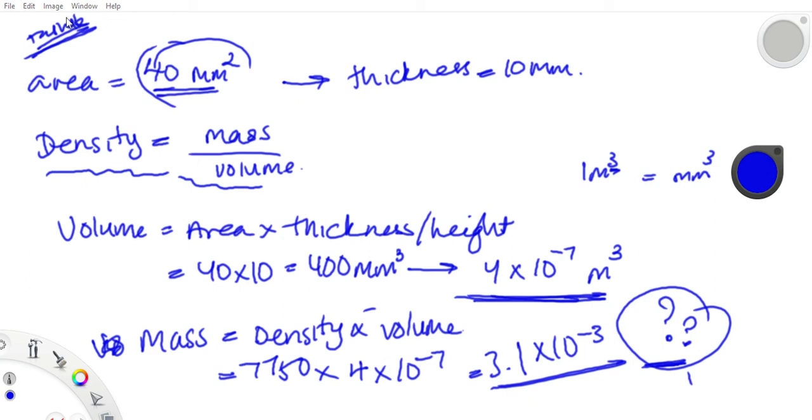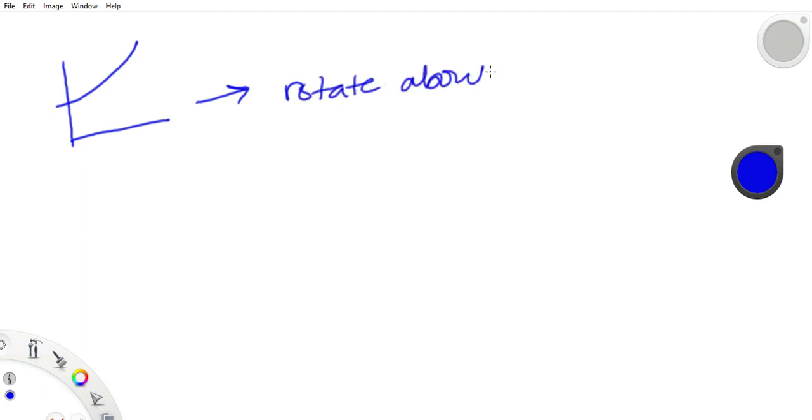Next up, if you have a diagram like this, and you're told to rotate it about its axis at 360 degrees, what you're going to have is pretty much something where each line is one of its rotations.